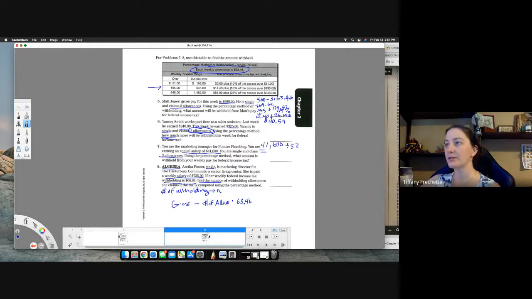$734 or $35. We know it's going to fit in either the first or the second column. If she even subtracts a single allowance, she'll be down here in this column here. So, well, close to it anyway. So we're going to assume that she's doing more than one allowance.